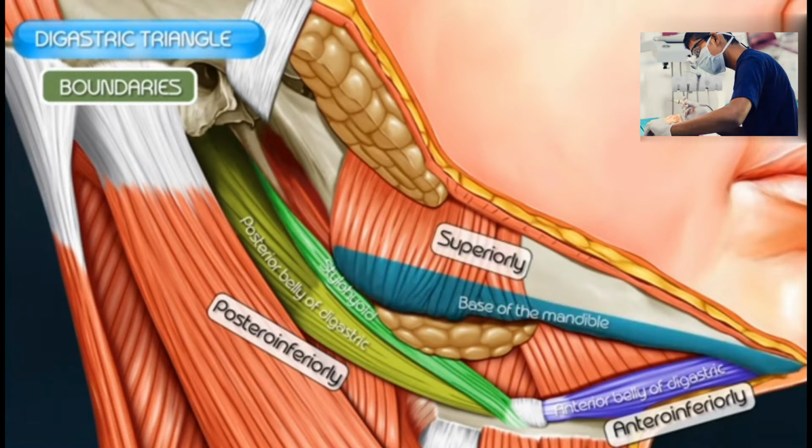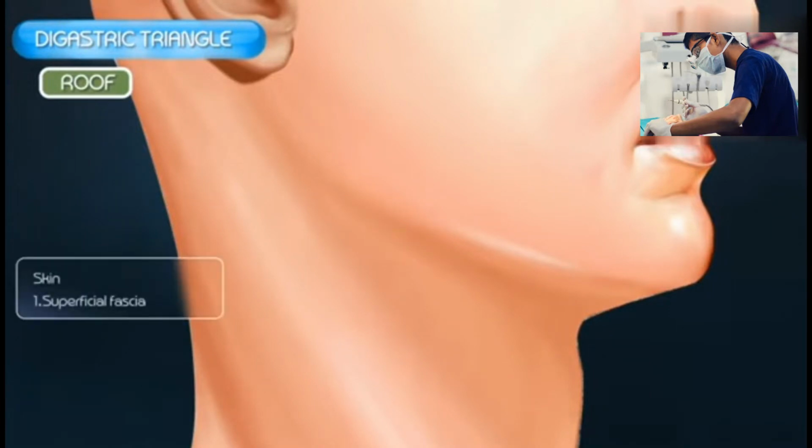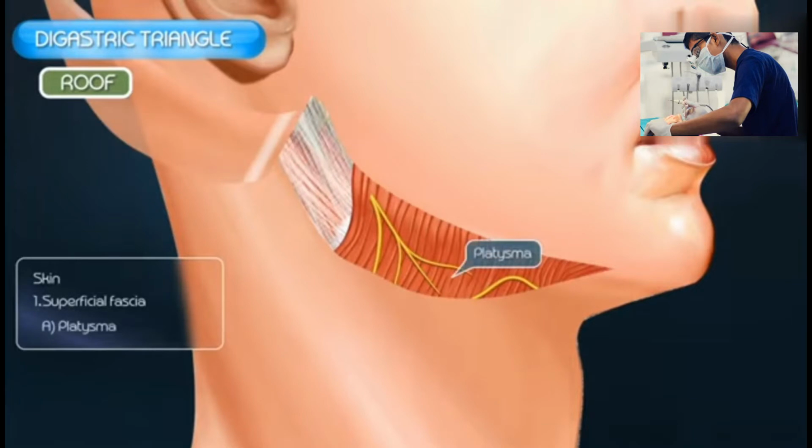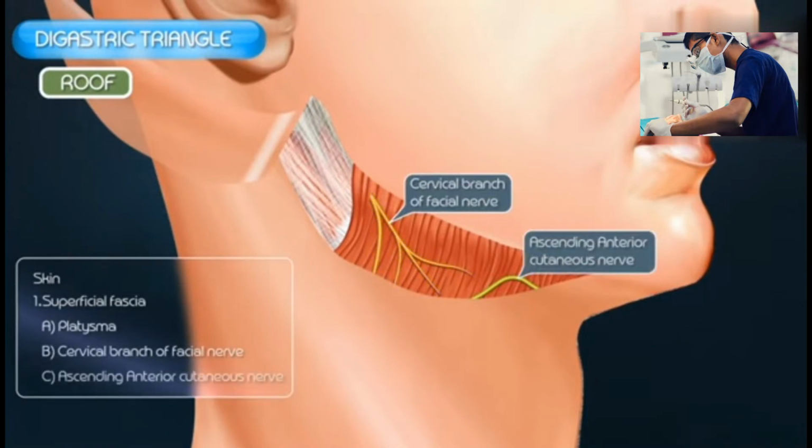And superiorly, it is formed by the base of the mandible and the line joining the base of the mandible to the mastoid process. The roof of the digastric triangle is formed by the skin, superficial fascia containing the platysma muscle, the cervical branch of the facial nerve and the ascending branch of the transverse cutaneous nerve.